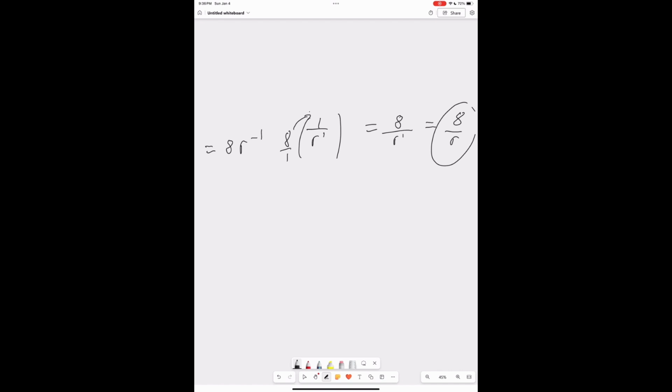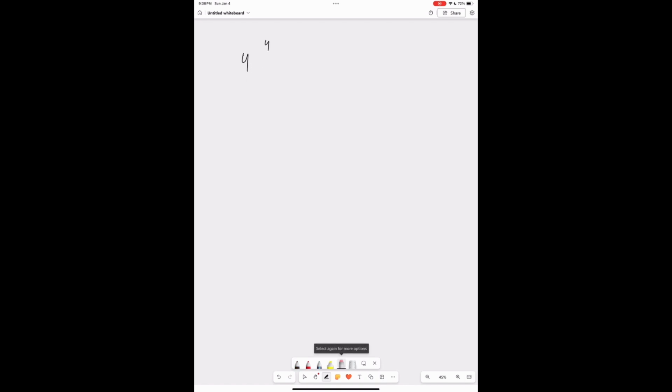Cool. So let's try another one too. Let's try 4x to the 4 times 2x to the negative 3. How would we do this? So first of all, I'm going to again rewrite the negative exponent as its reciprocal. So 4x to the 4 times 2 times 1 over x cubed.